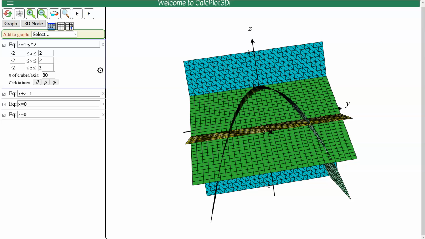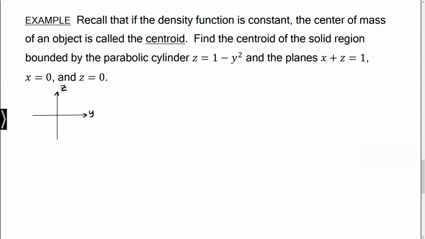So let's see what that looks like, and we'll figure out the two limits for the yz region. Here we are, and this was at 1, -1, 1. This is just a parabolic region. It kind of looks like a semicircle, but it's not. It's part of a parabola. And we were looking at the region inside here.